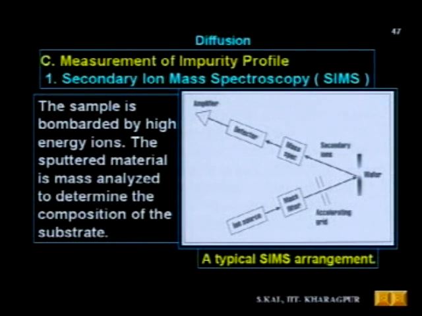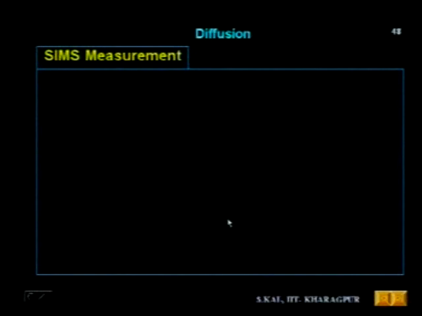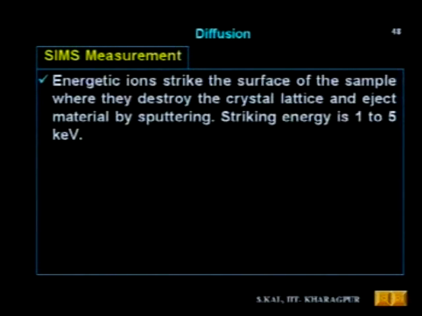So that supply will be there. Then the bombarded materials are analyzed, the secondary ions are ejected and these are analyzed. The mass analyzer is highly expensive. So the instrument which is described very simply using a block diagram is actually not so simple.